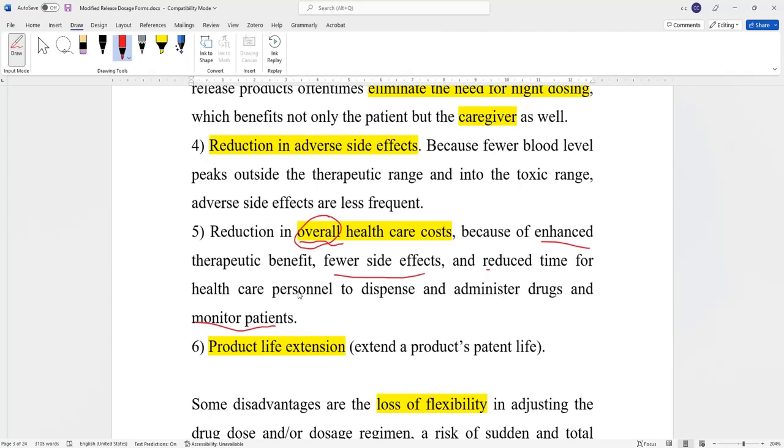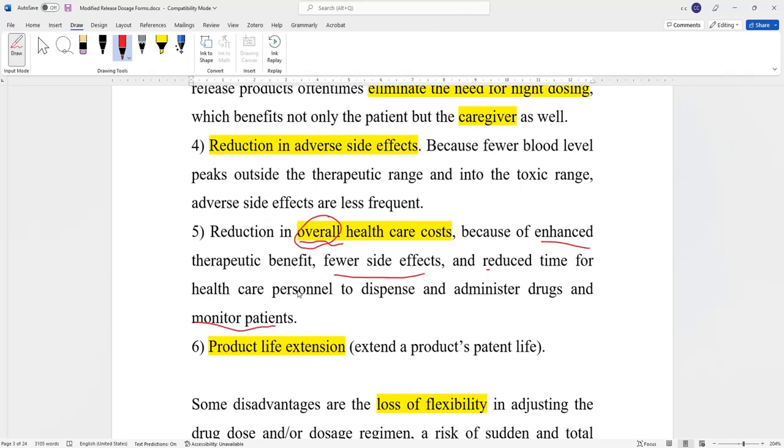Generic drug product will be sold at a much lower price compared to the original company, the big pharmaceutical company that started this product, and they were the ones who invented the product and spent so much money on the product.